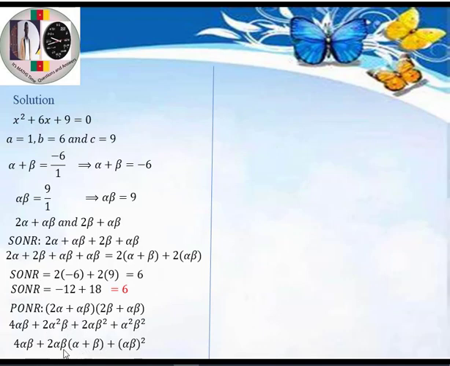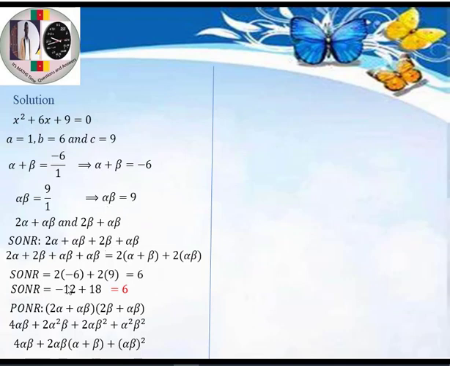If we open up this bracket, we get 2 alpha beta times alpha, which is 2 alpha squared beta, plus 2 alpha beta times beta, which is 2 alpha beta squared. We have just rearranged so that we can easily substitute the values of alpha plus beta and alpha beta.